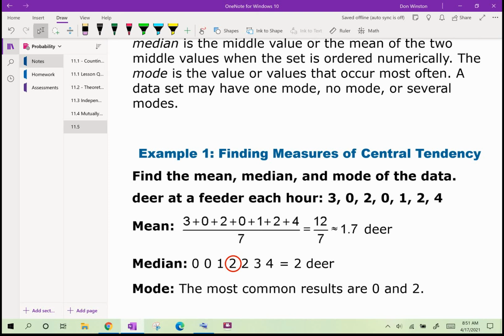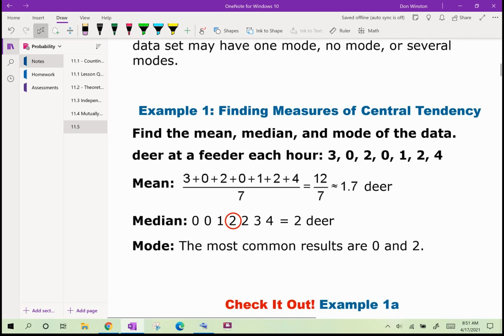We have the values 3, 0, 2, 0, 1, 2, 4. This represents the number of deer at a feeder each hour. We sum up the values and divide by how many we have, and on average, or the mean, there were 1.7 deer at the feeder each hour. For the median, we have to order the data from least to greatest.